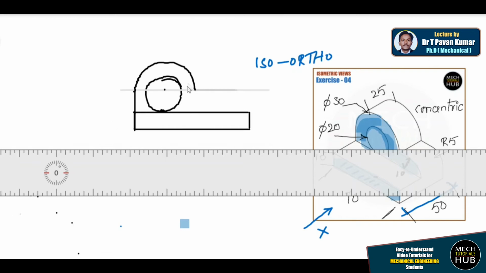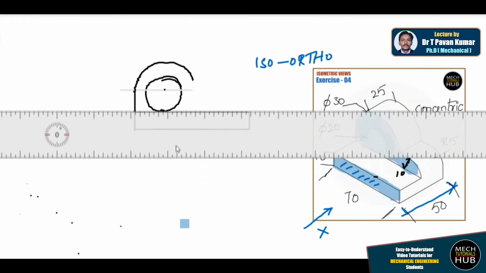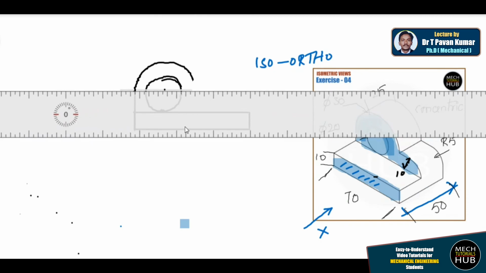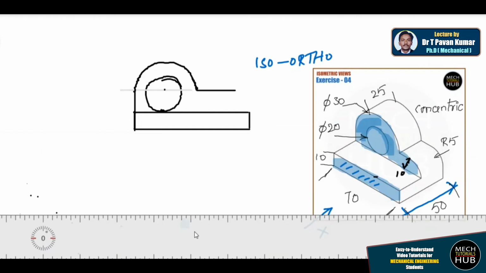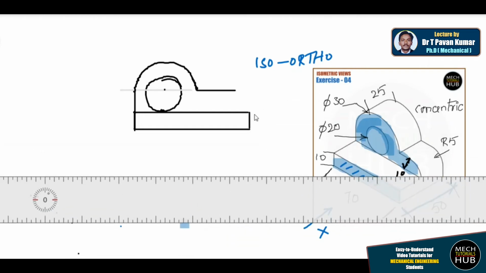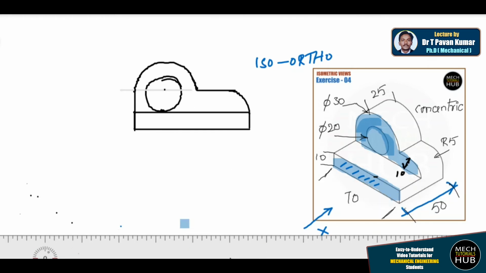Okay, let me erase features and redraw it again. Let me draw this line. Alright, then I'll just try to manage this one also, something like this, followed by a vertical, and one more radius is here, something like this. Okay, when I view from the front, this is what is visible.